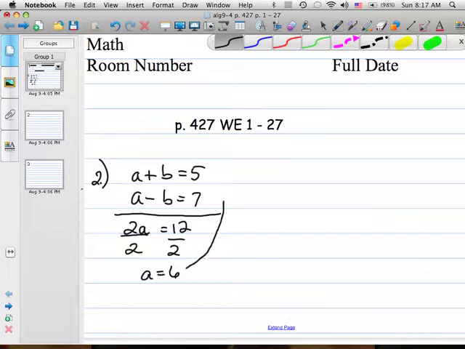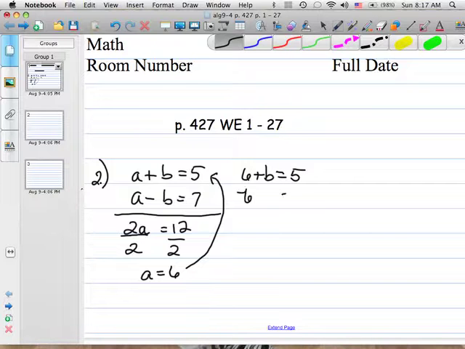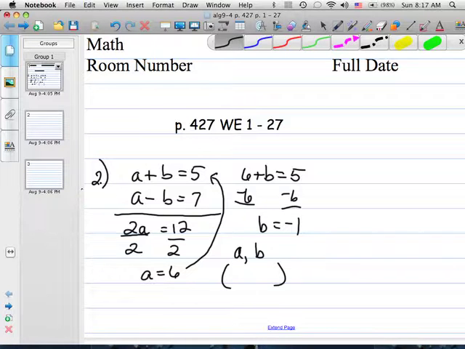Substituting 6 back into either one of these equations, I'll just pick the first one, 6 plus b equals 5. Subtract 6, and we get b equals negative 1. Alphabetical order, our ordered pair is a, b, so it'd be 6, negative 1 is our solution.